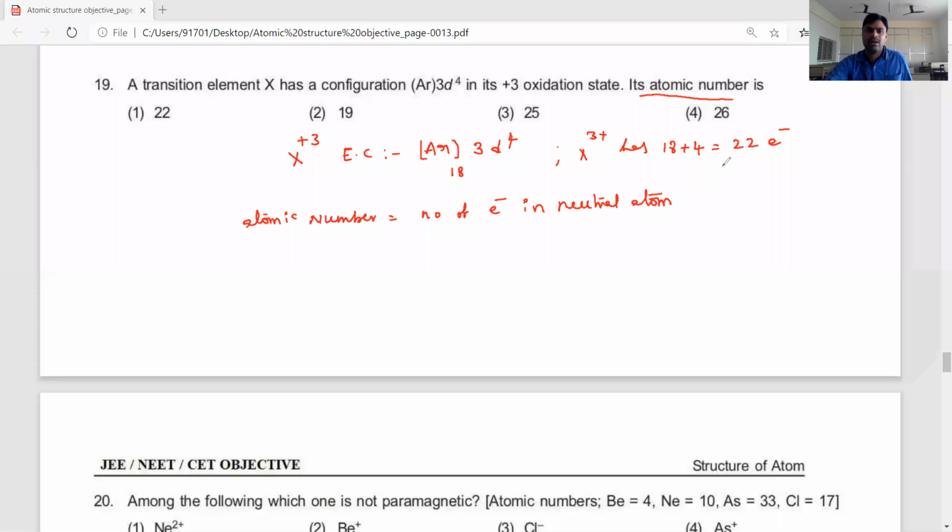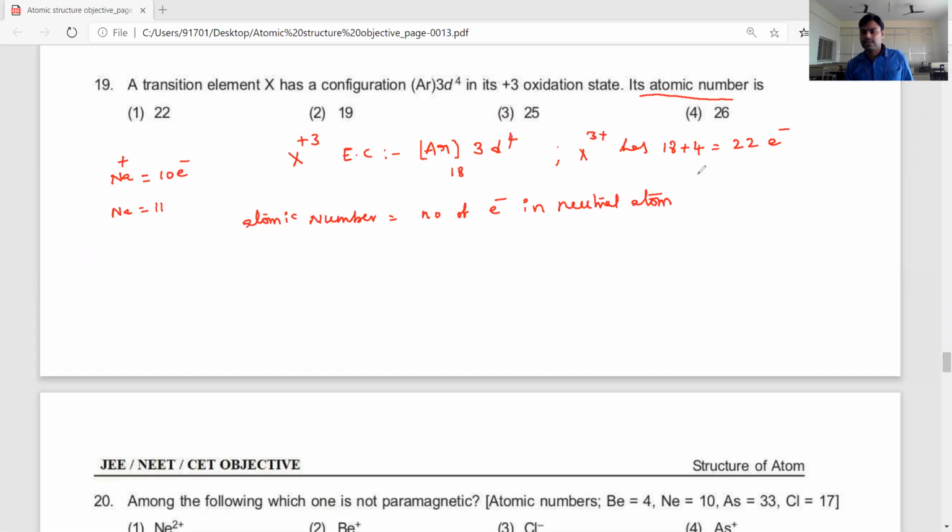How does the atomic number become 19? For example, Na+ has 10 electrons. Na, sodium, has 11 electrons. So whenever a positive charge is present, what does it indicate? It indicates loss of electrons.